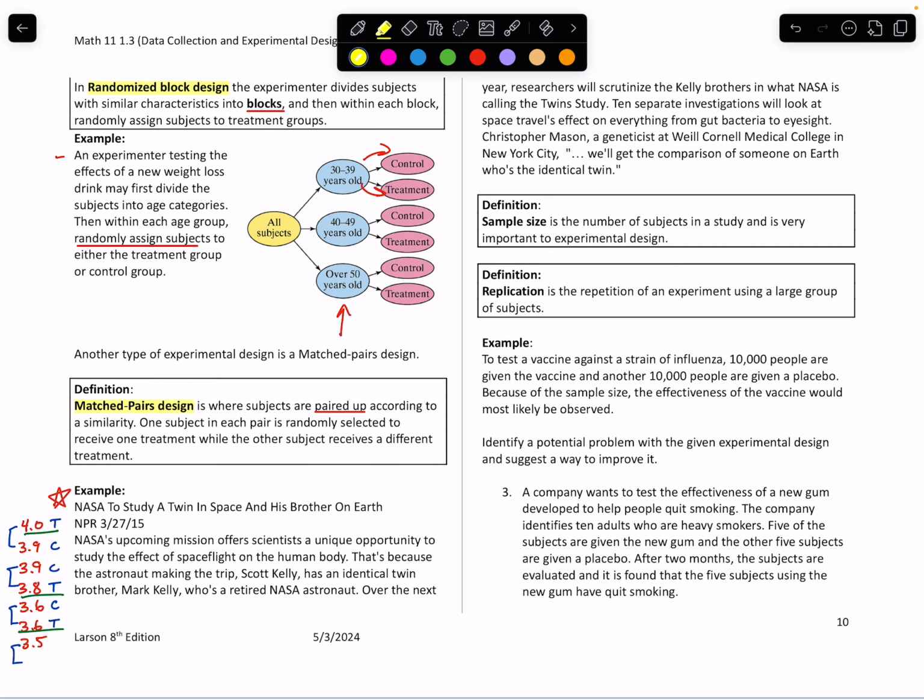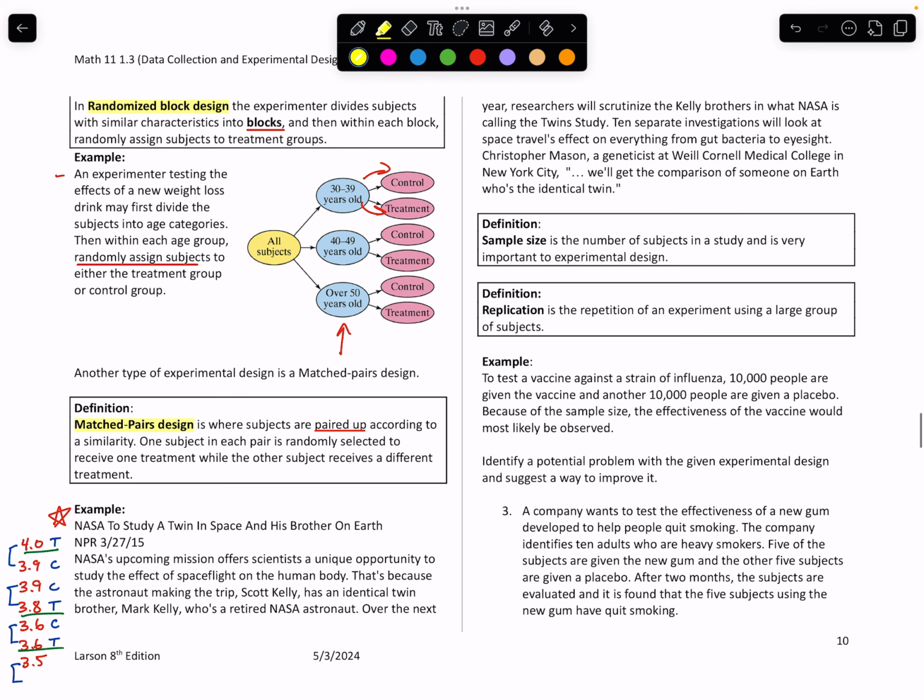The other thing we want to consider when we are doing an experiment is our sample size. Sample size is just the number of subjects in a study and is very important. We want to make sure we have a large sample size. And on top of that, we've mentioned this earlier, this idea of replication.